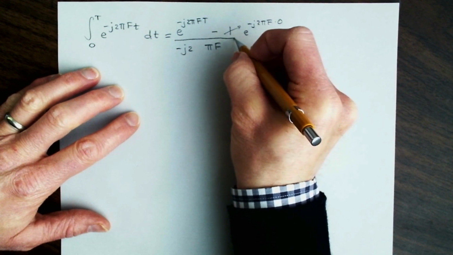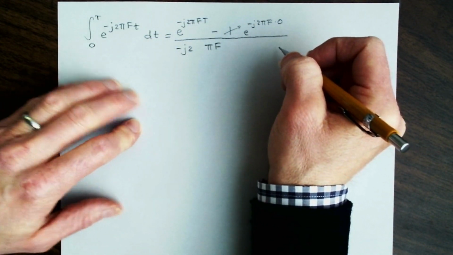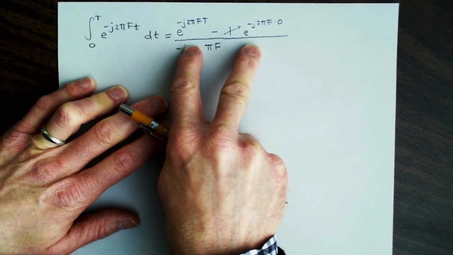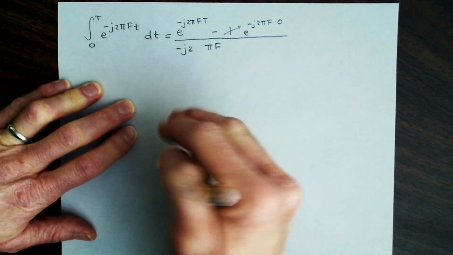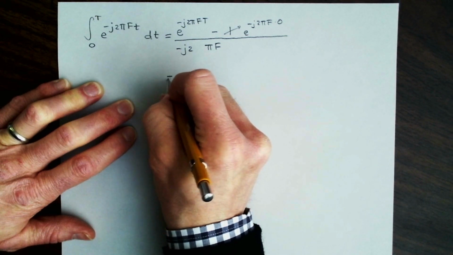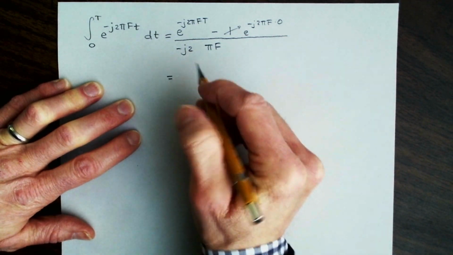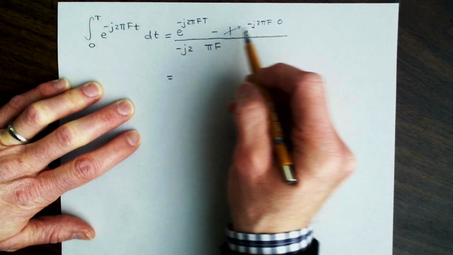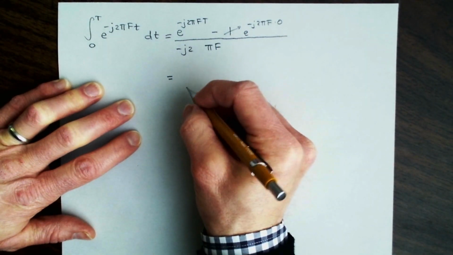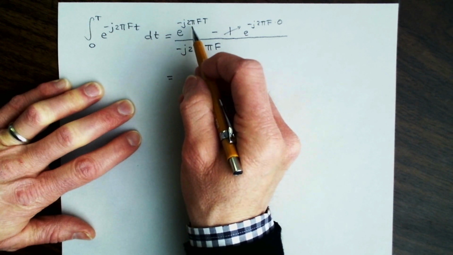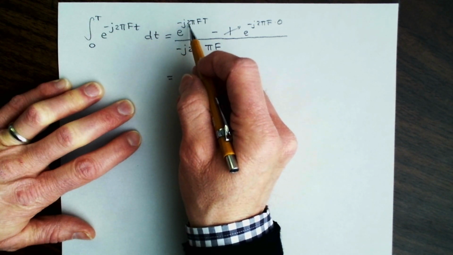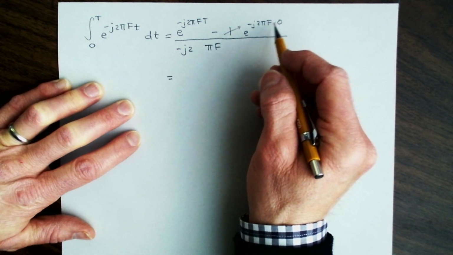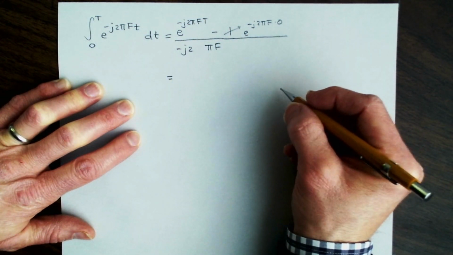The trick is this: we can get this into a symmetric exponential form, something that looks like a sinc function, by factoring out an exponential whose argument is the average of the arguments of these two exponentials. So if we take that average, we'll have minus 2 pi f, and then t plus 0 over 2. So that's the quantity that we're going to factor out.